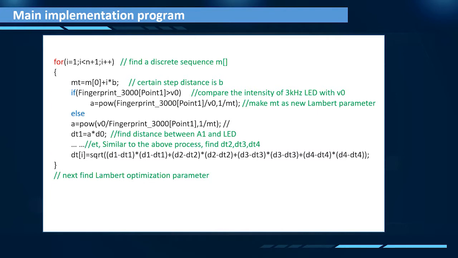Well, let's move on to the implementation process of optimization location algorithm program. One part of the key codes is shown in this figure. By those codes, we can find a Lambert optimization parameter.